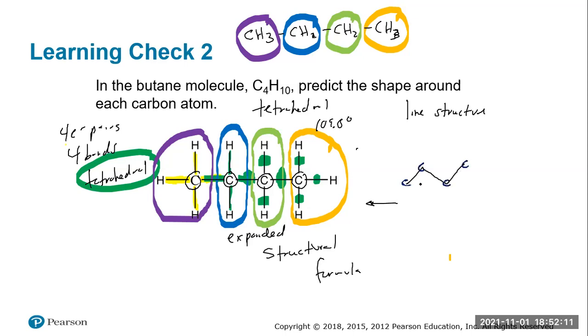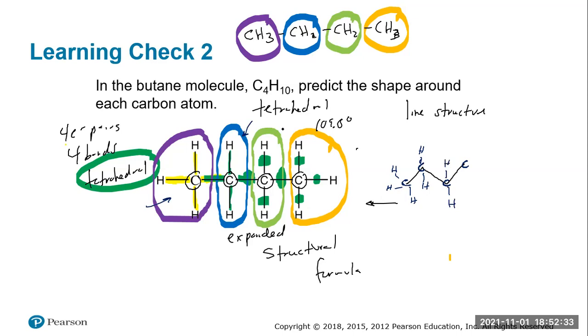And every one of those carbons would get the 4 bonds by having 1 hydrogen, 2 hydrogen, 3 hydrogen, like the guy at the end. Guy here has 2 lines coming in, which means he would have 2 hydrogens, like the guy right here. This guy also has 2 lines coming in, which means he would have 2 hydrogens.